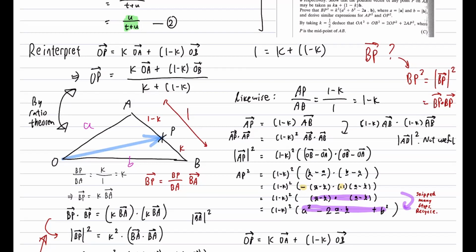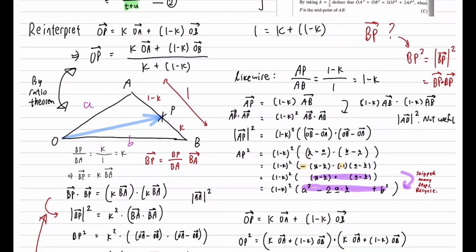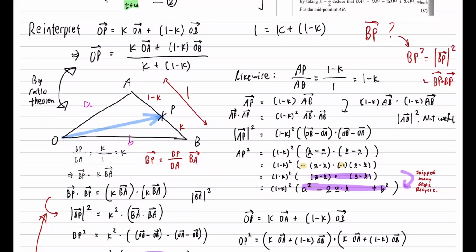Okay, give a hint. OP square is what? OP square is at the bottom. Just take the dot product of itself. Did you do that? Yeah, I did that. Then you distribute. Okay, give you another 30 seconds.